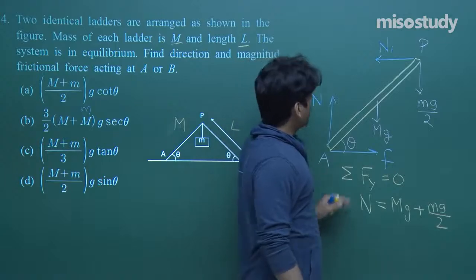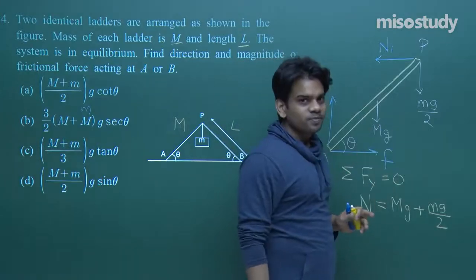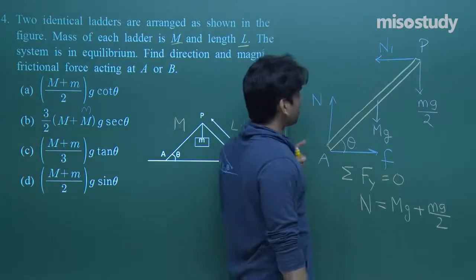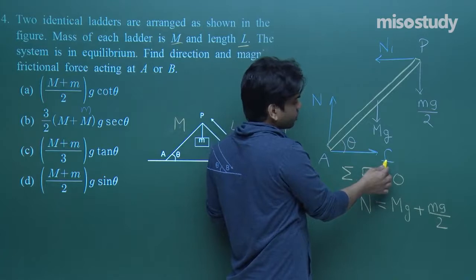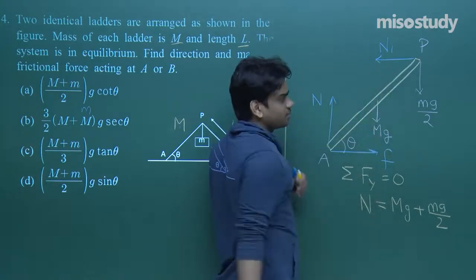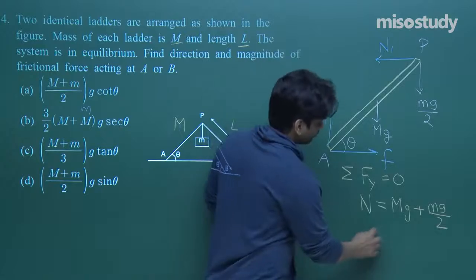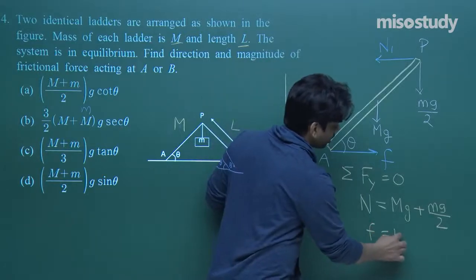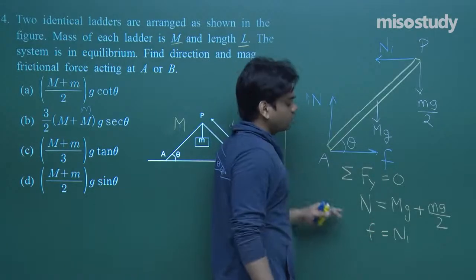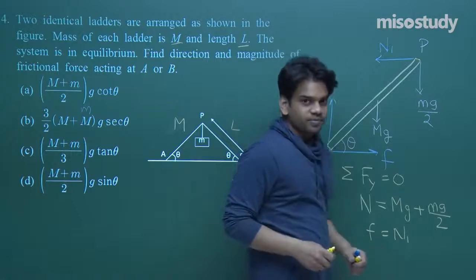Let's go ahead. Next you can write the friction force F will be equal to N1. Quite simple, we can easily write that friction force F will be equal to N1. This is what we can easily depict.